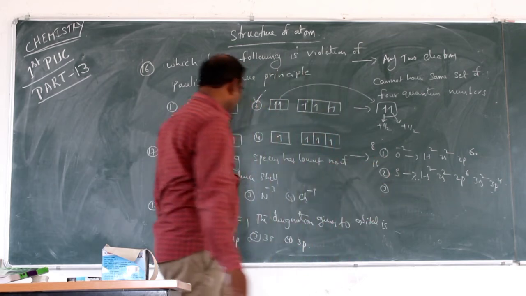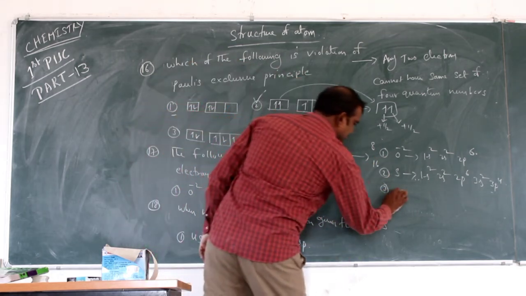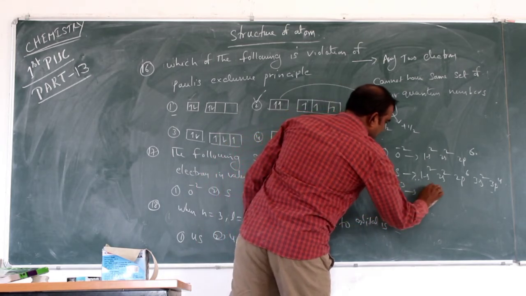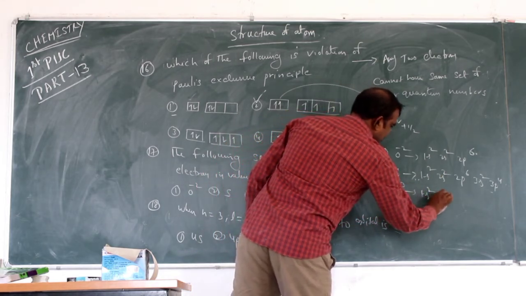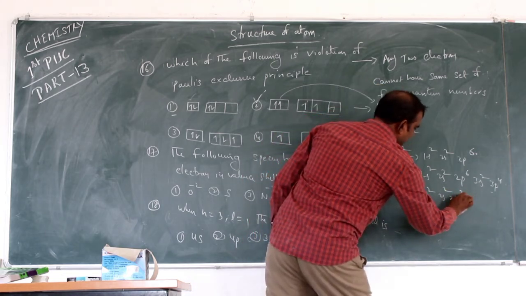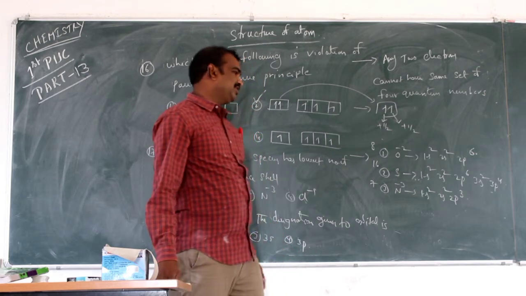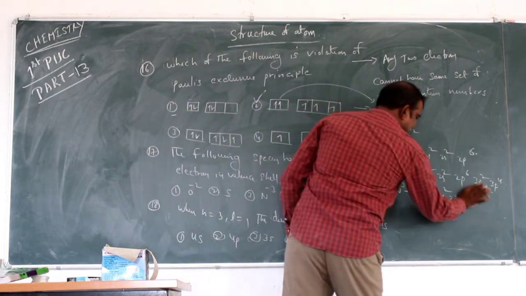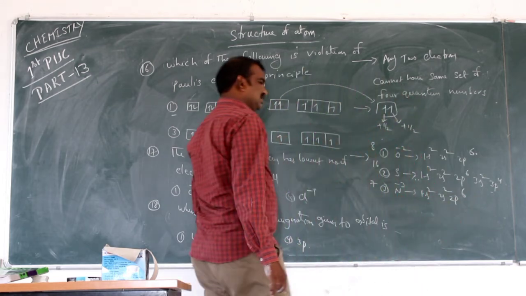Next, the third one, N minus 3. Nitrogen is 7: 1s2, 2s2, 2p3. But here 3 electrons are added, so it becomes 6.